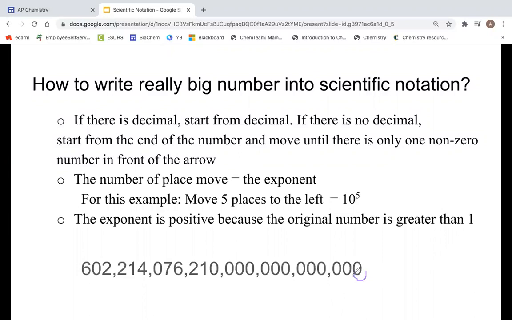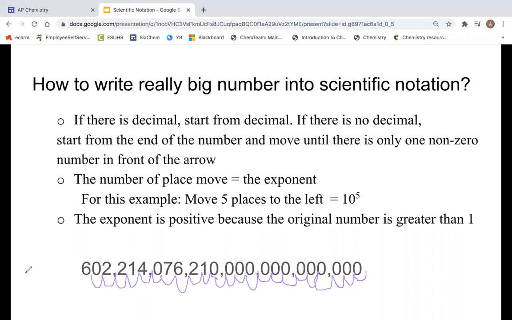So I'm going to move it: 1, 2, and just count it when you do it. 3, 4, 5, 6, 7, 8, 9, 10, 11, 12, 13. Yeah, that's 13 right here. 14, 15, 16, 17, 18, 19, 20, 21, 22, 23.